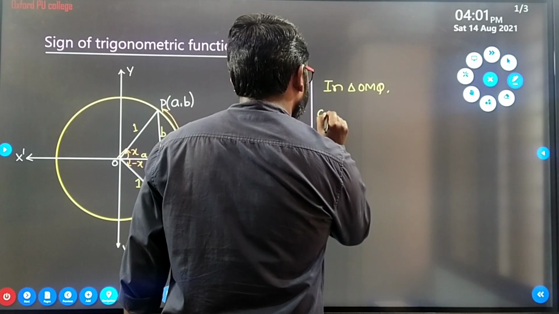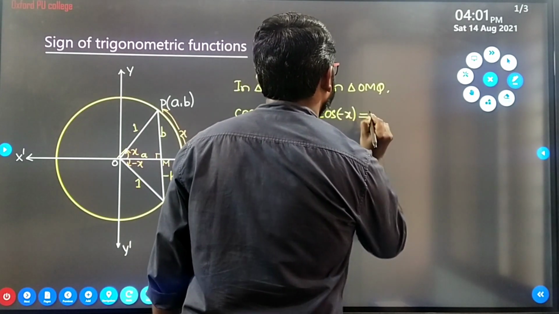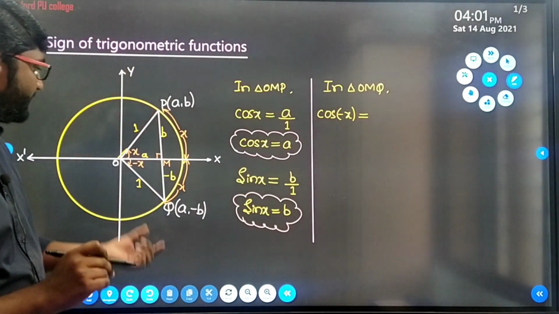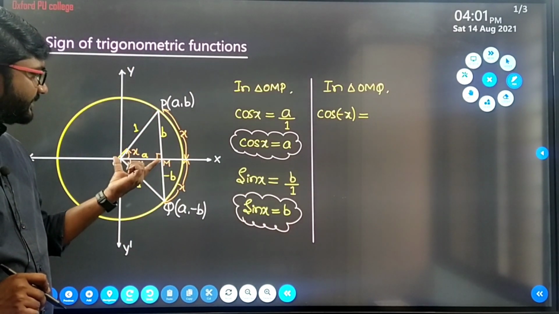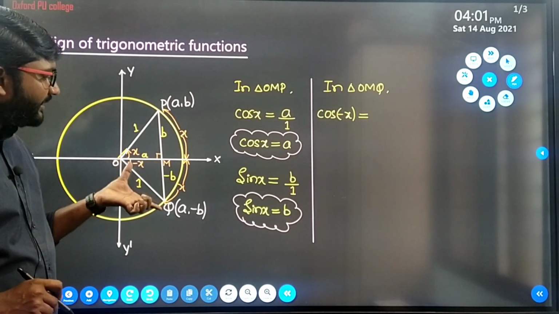So I go for cos of minus x because the angle is minus x. It is adjacent by hypotenuse. What is the adjacent? It is OM. Hypotenuse, it is OQ. So OM by OQ.